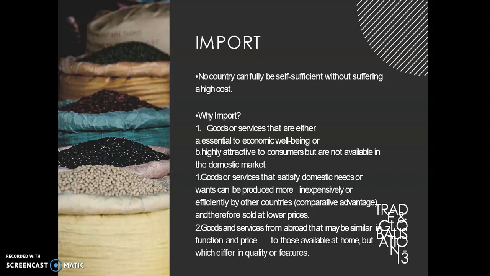Firstly, the goods or services are either essential to economic well-being or highly attractive to consumers but are not available in the domestic market. Secondly, goods and services that satisfy domestic needs or wants can be produced more inexpensively or efficiently by other countries where they have comparative advantage.